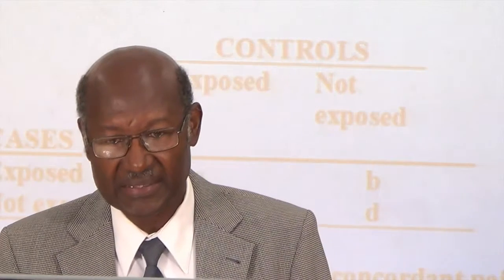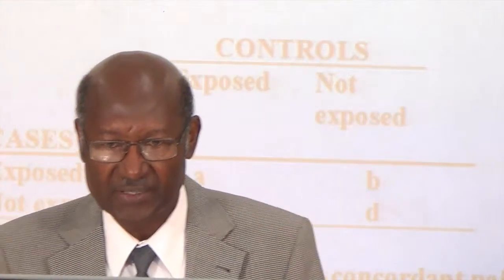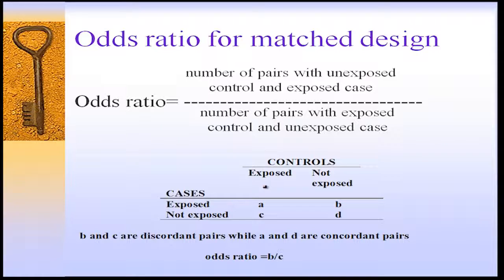If you take a look at the table below, you can see that we have controls at the top and cases on the left. Controls are categorized into exposed and not exposed, and the cases are also categorized into exposed and not exposed.